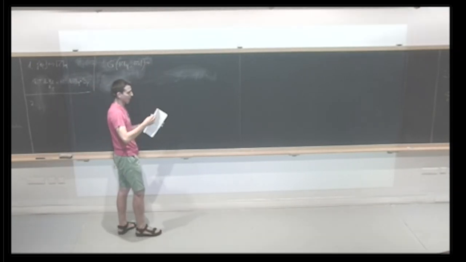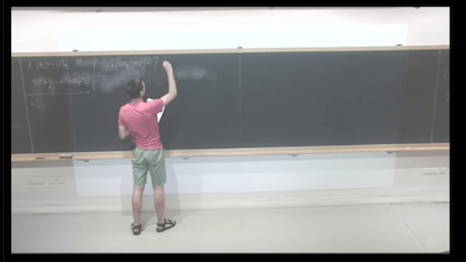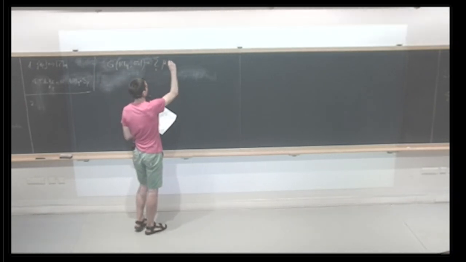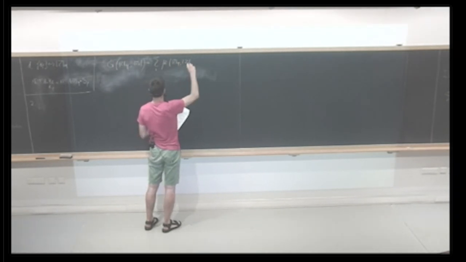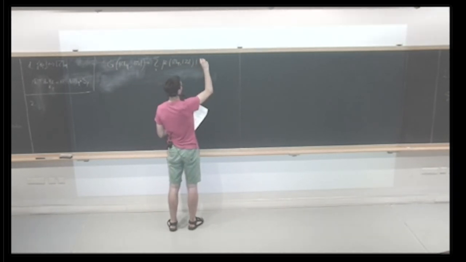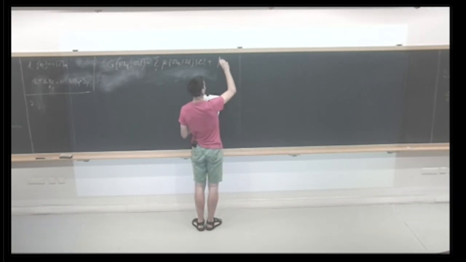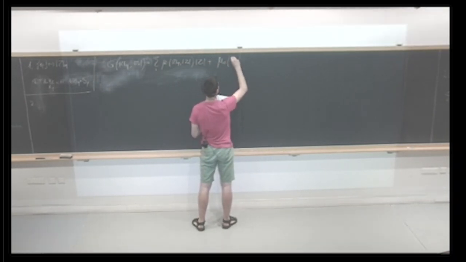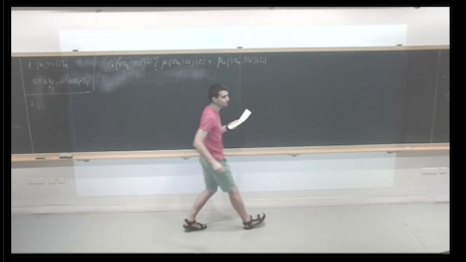And this is given by the sum over all species, chemical potential of species I, which again is a function of the equilibrium concentrations and the concentration of the solvent, times concentration of species I, plus chemical potential of the solvent, function of the concentration of all species at equilibrium and the concentration of the solvent, times concentration of the solvent.